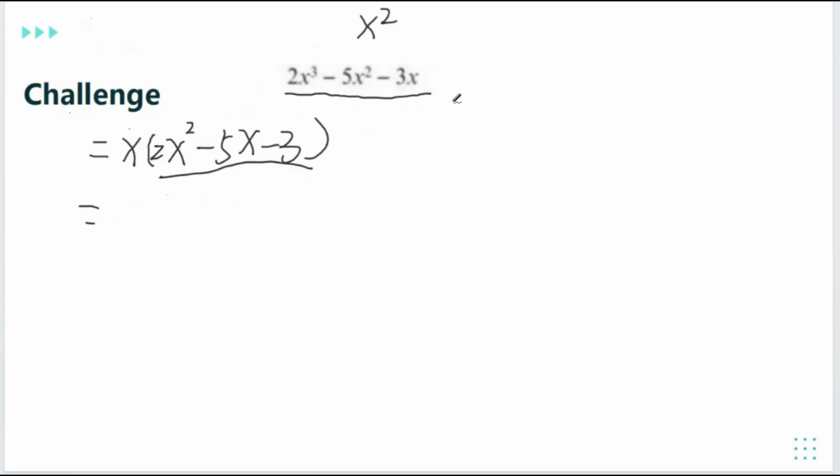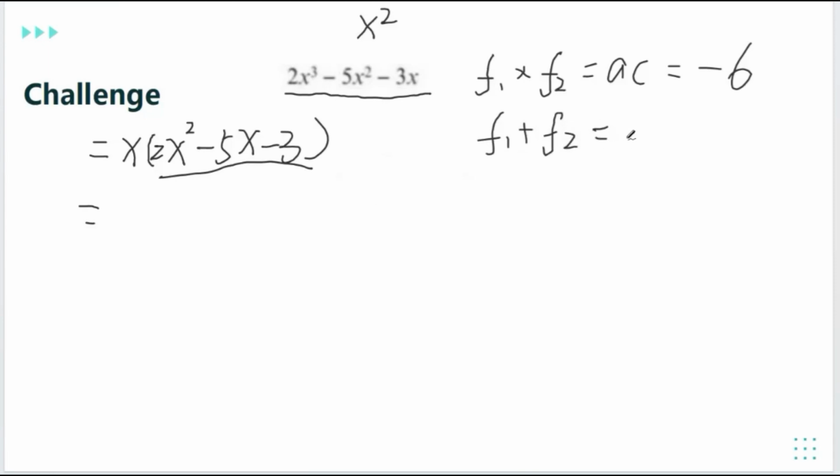So what's the method? We have to find factor 1 times factor 2 equals ac, here 2 times minus 3 equals minus 6, and factor 1 plus factor 2 adds to b, minus 5. So think about this linear equation. Maybe factor 1 and factor 2 are minus 6 and positive 1.